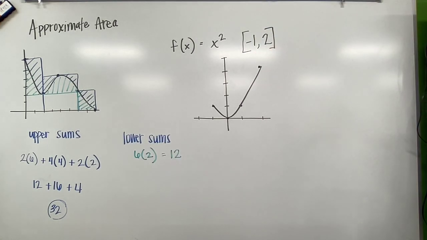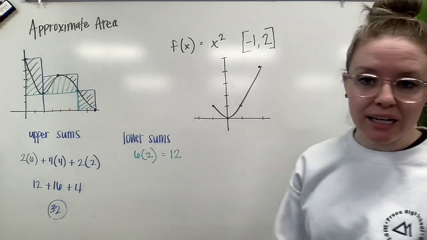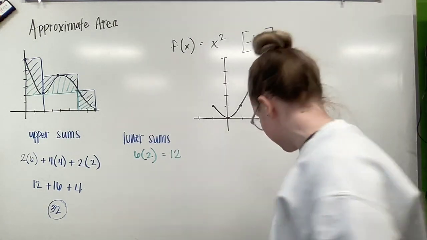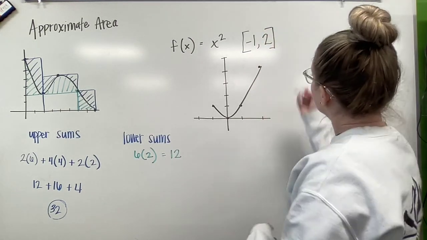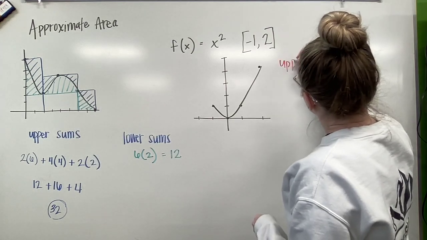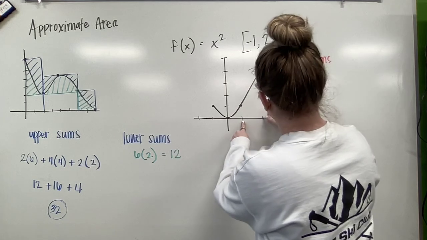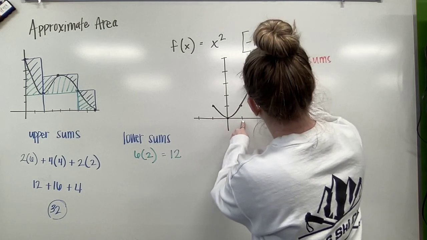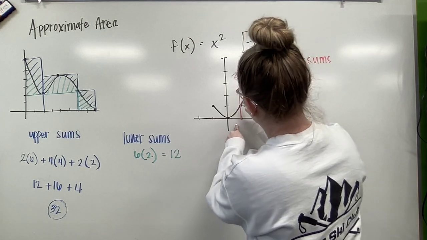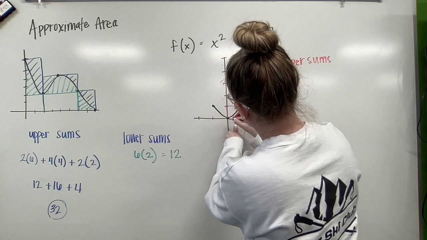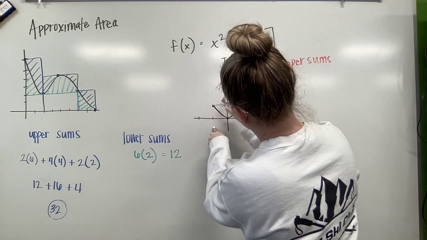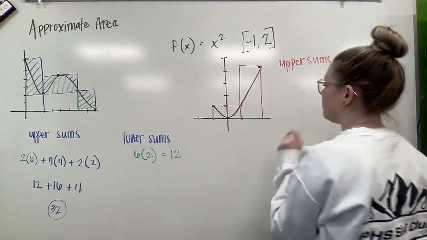So I have my quadratic here. We're going to find upper and lower sums here. So for my upper sums, let's see, I'll build this rectangle here and this rectangle and that rectangle. So I've got 3 rectangles.